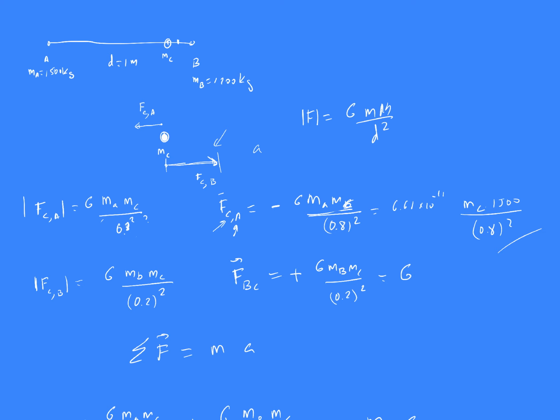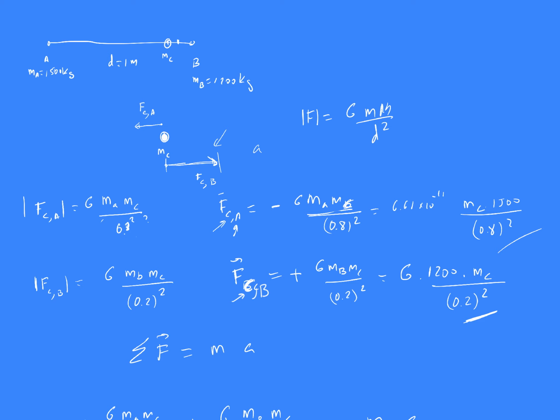So this is G by MV, MV is 1,200, by MC. MC I don't know, but I don't need to know. Divided by 0.2 squared. So this is the magnitude of the force acting on C due to V.